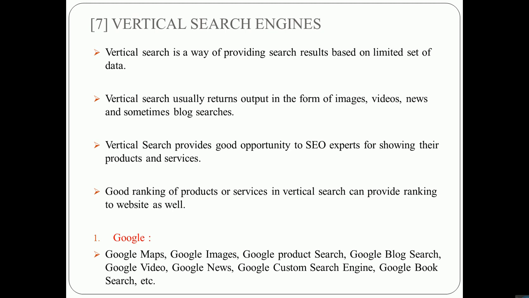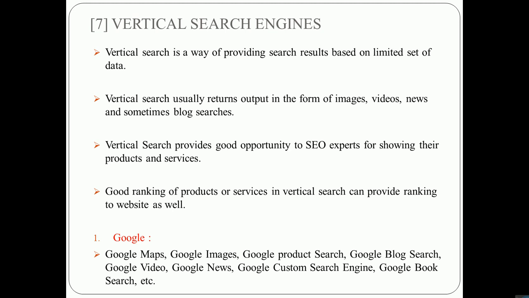So first, the Google search engine also provides Google Map, Google Image, Google Product Search, Google Blog Search, Google Videos, News, Custom Search Engine, Google Book Search, etc. So this will be helpful to the user.